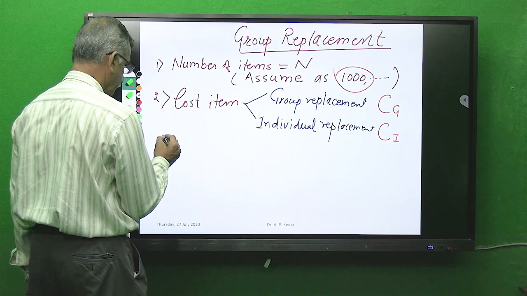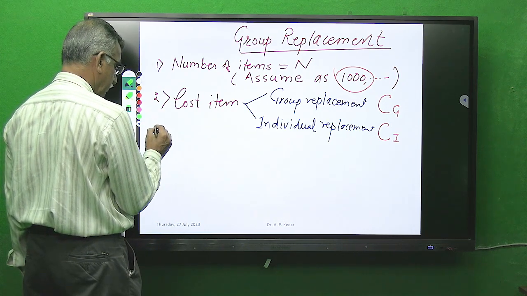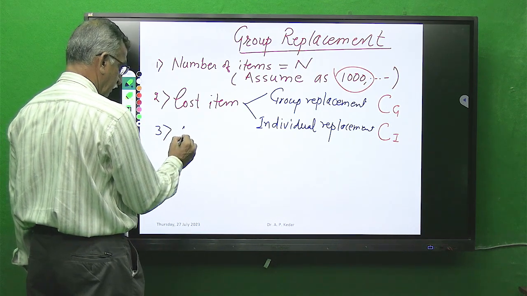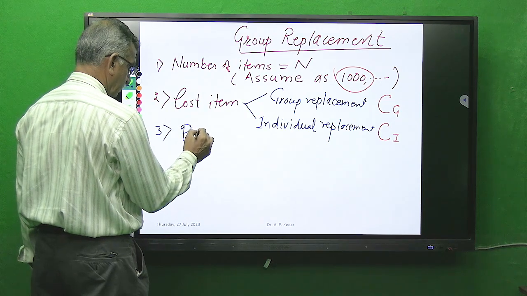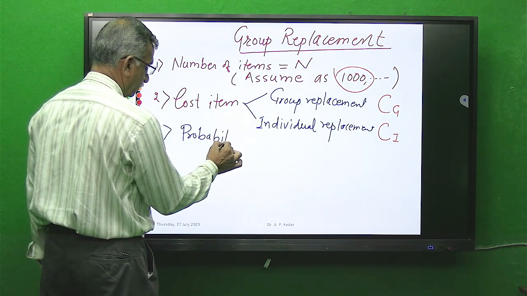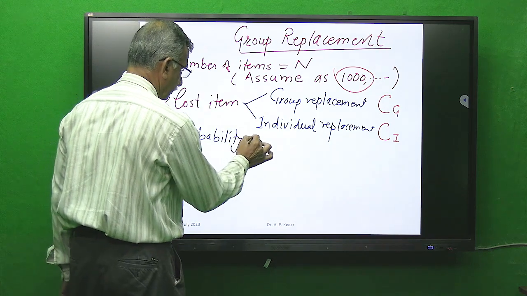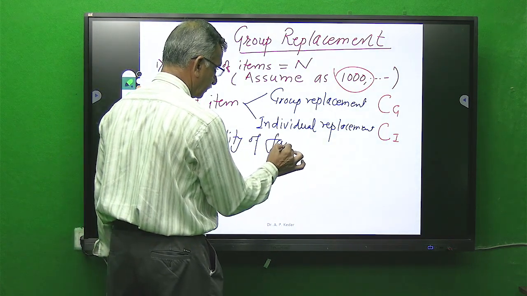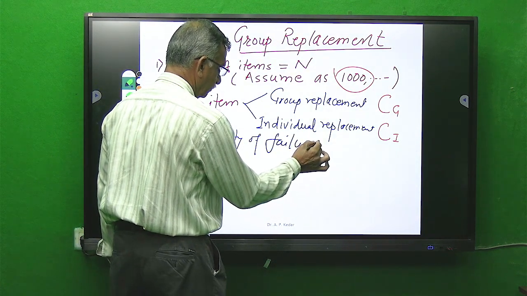Then a very important category of data, that is the probability of failure of the item.